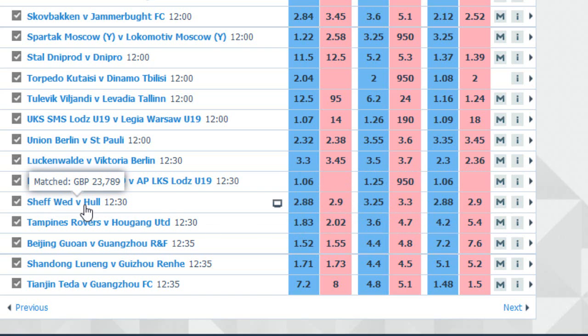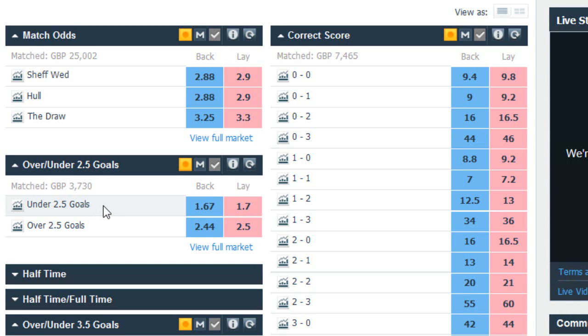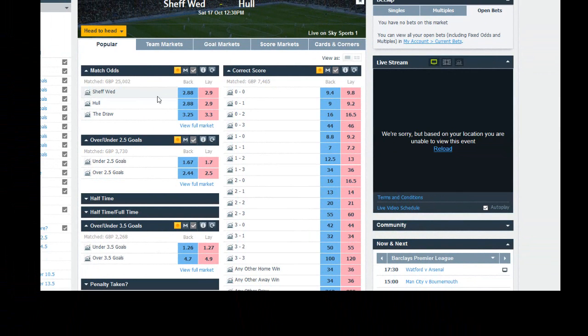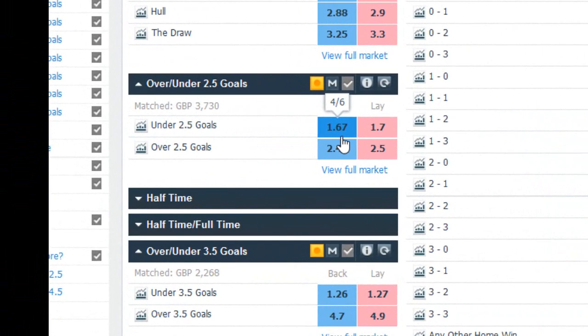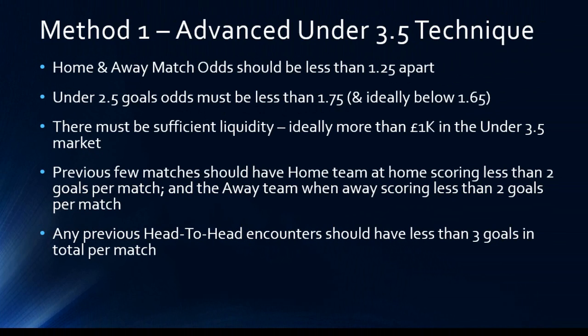So if I go to the page with the match on, here you'll see that the under 2.5 goals odds are 1.67, so that's nearly below the 1.65 ideal figure, certainly below the 1.75 figure that I've just mentioned on the slide. Let me just go back to that. So there we are. Under 2.5 goals odds must be less than 1.75 and ideally below 1.65.